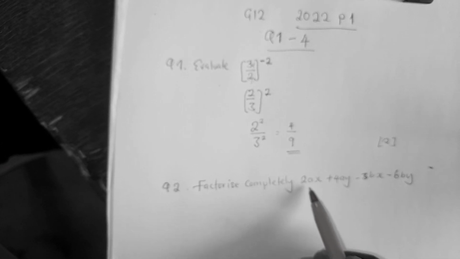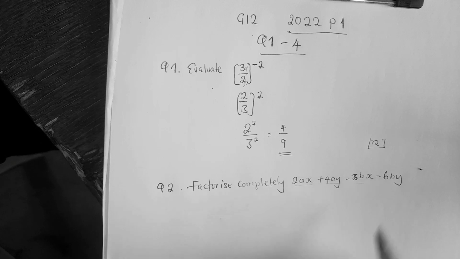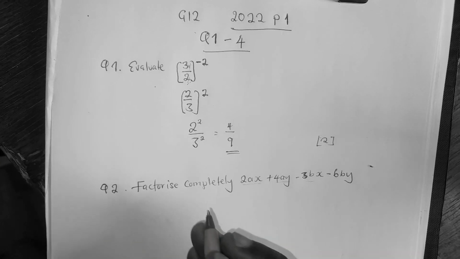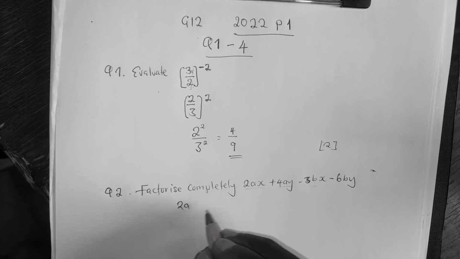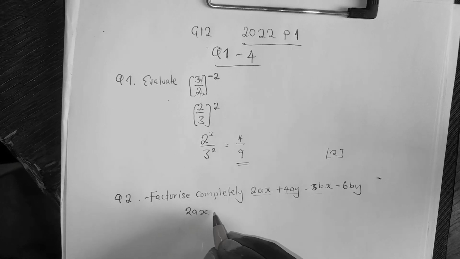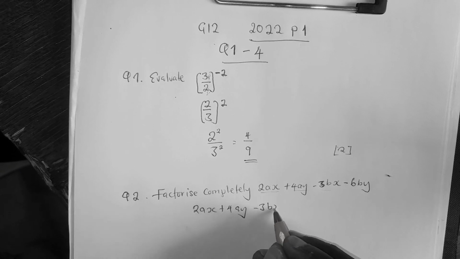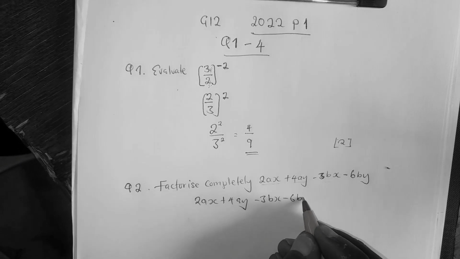The second question: factorize completely. If you look at this one, we have 4 terms, so we can factorize by grouping. Let's rewrite the expression: 2ax plus 4ay minus 3bx minus 6by.